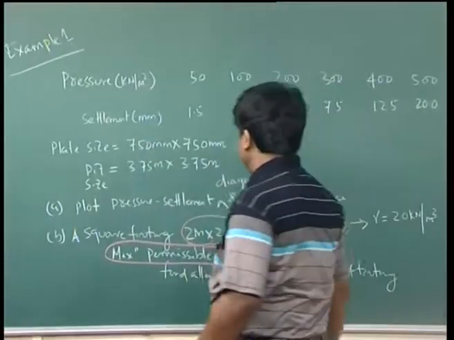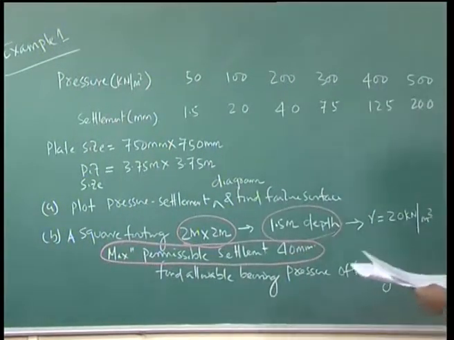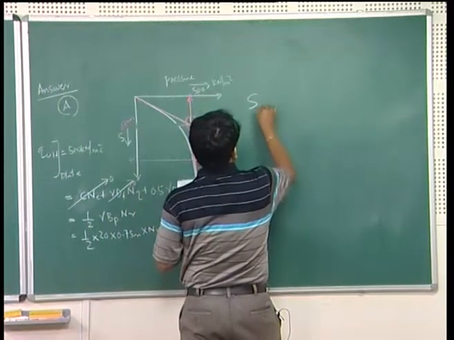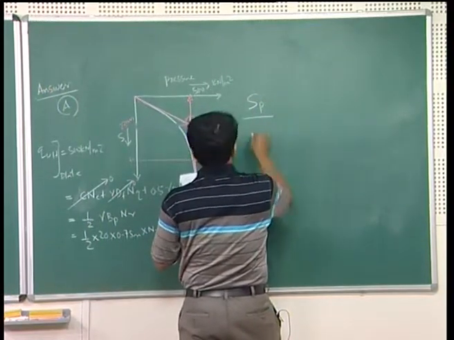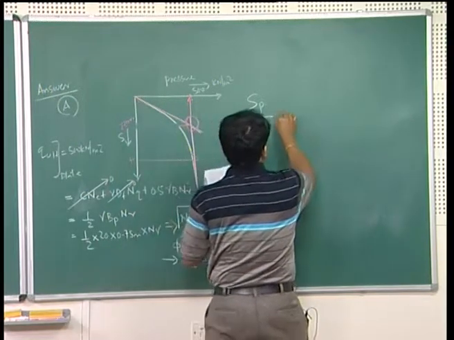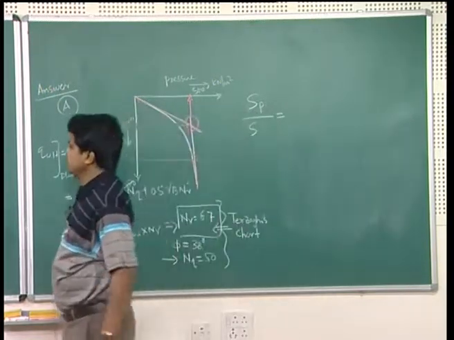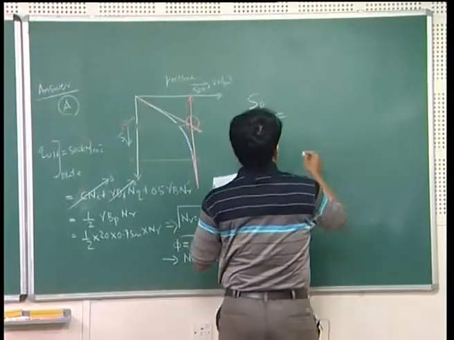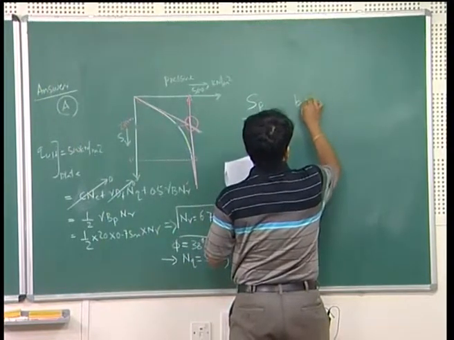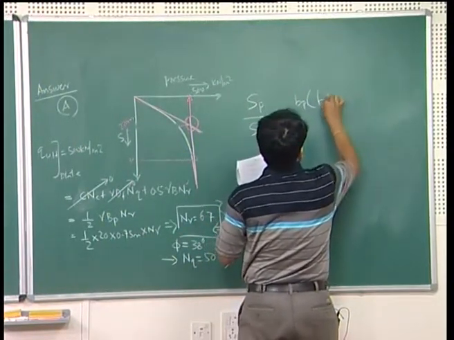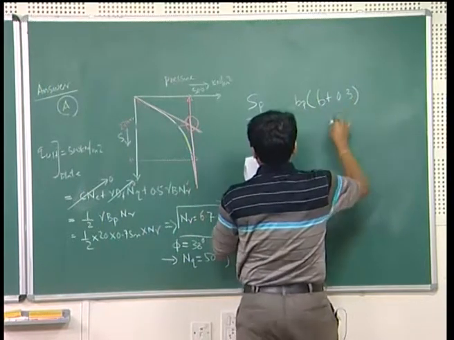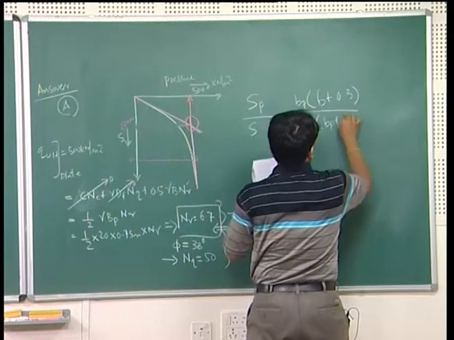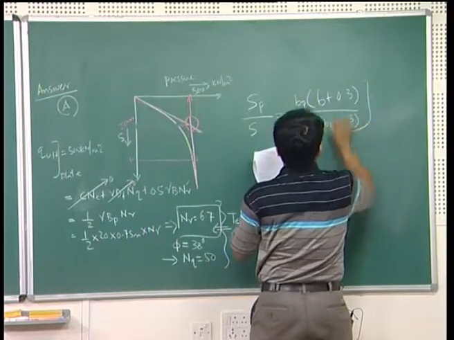Now, it is given the maximum permissible settlement is 40 mm. So that means the settlement of plate by settlement of footing, as it is a footing settlement calculated in cohesionless soil, would be Bp into (B plus 0.3) by B into (Bp plus 0.3) whole square.